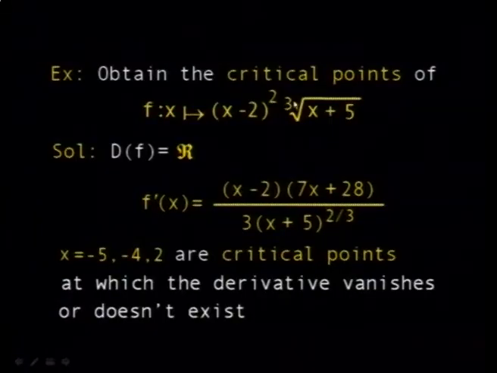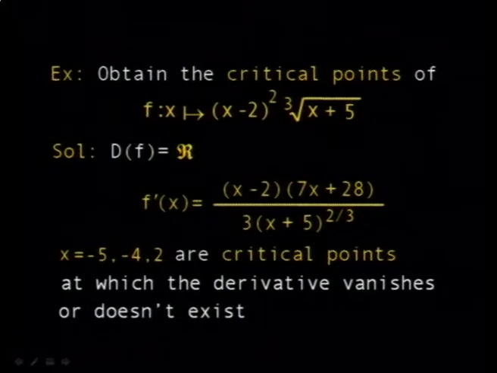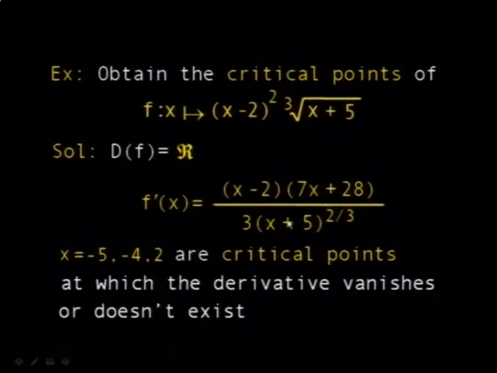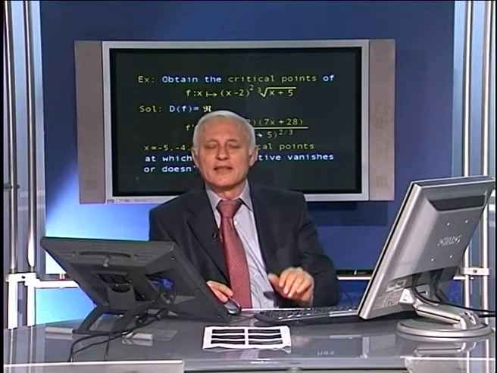Now here, this is a function, and you wish to calculate the critical points. You differentiate it, and then you set the derivative to 0, which means that you have one critical point at x equal to 2, and another one at x equal to -4. Whereas here, you have a point, although it lies in the domain of the function, in other words, it's an interior point, at which the derivative does not exist, but still it is a critical point.